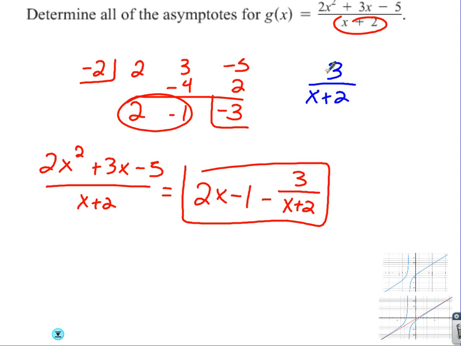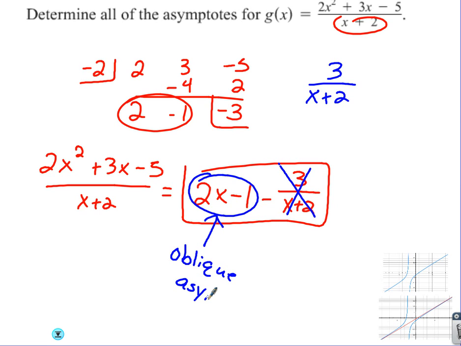So look at this. We want to know what happens to this as x gets huge. Well, first off, what happens to this as x gets huge? It goes away. And look what you're left with: 2x minus 1. 2x minus 1 is your oblique asymptote.